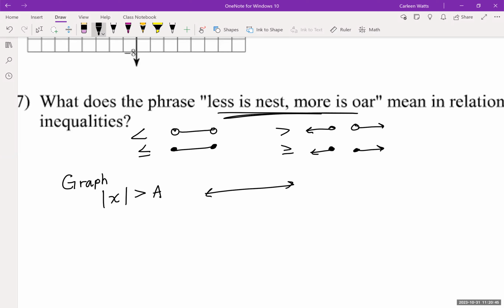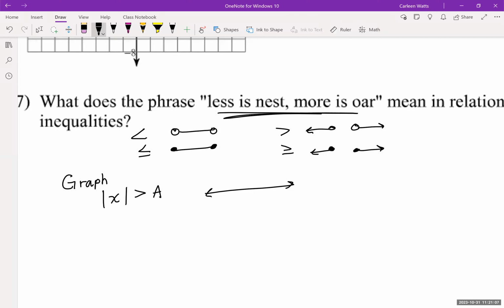So what if I don't know a number? What does that graph look like? If it was multiple choice and I had to pick it out. Nest or ors? And it actually is good for your brain to do this with your hands.